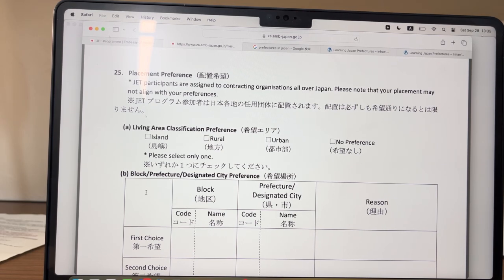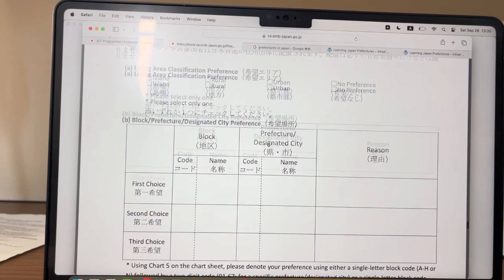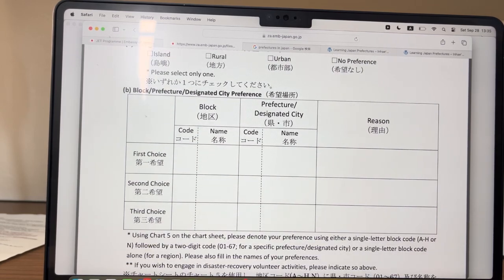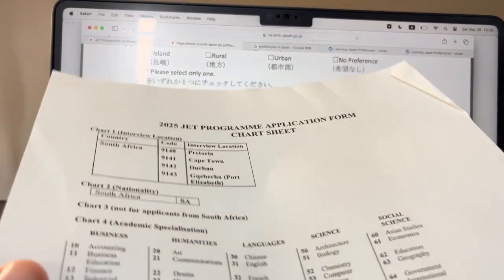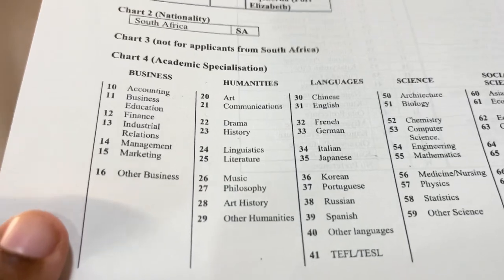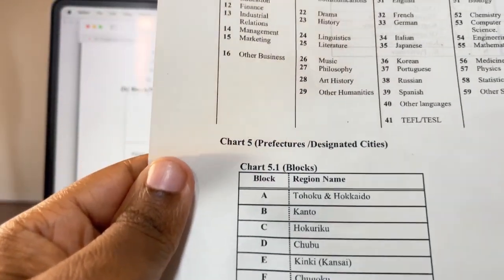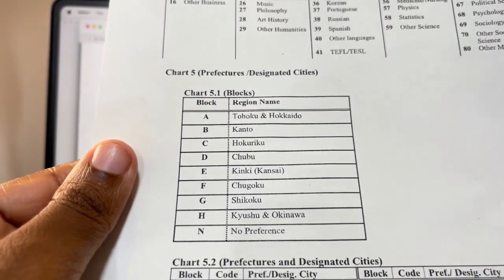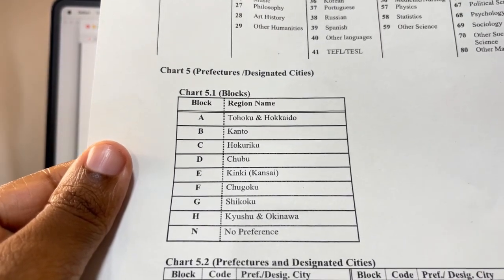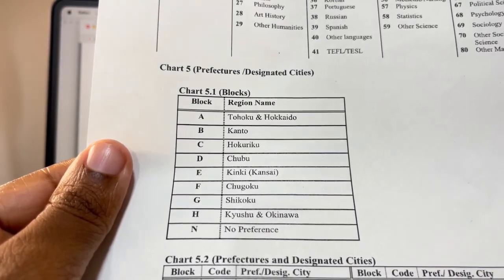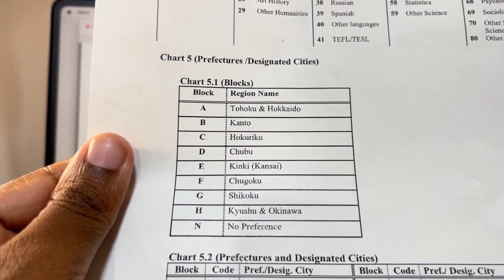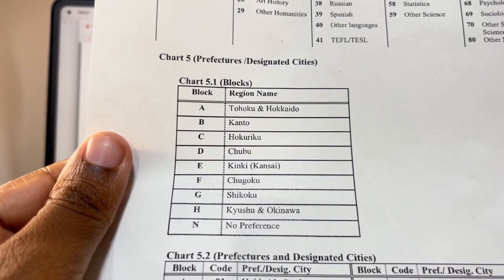And then let's move on to number B: block, prefecture, designated city, preference. Okay, and now we have our paper. Here we have regions: Tohoku, Hokkaido, Kanto, Hokuriku, Chubu, Kinki or Kansai, Chugoku, Shikoku, Kyushu, and Okinawa, right?